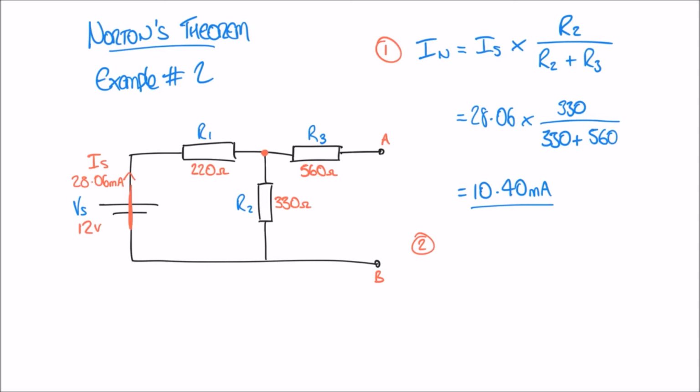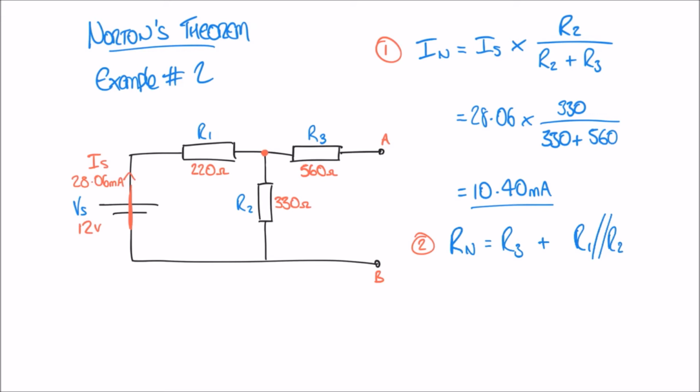So because we've got this split in the circuit, we can go either this way through R1 or this way through R2, round to B in each case. We know that R1 and R2 must be in parallel because there's two parallel paths we can take to B. So our expression for the total resistance, or the Norton resistance in this case, is going to be Rn, the Norton resistance, is equal to R3 plus R1 and R2 in parallel.